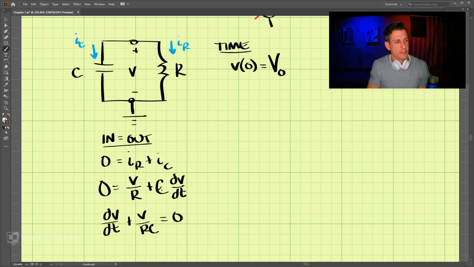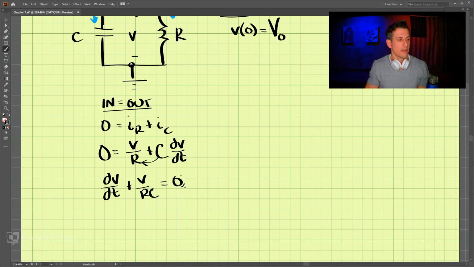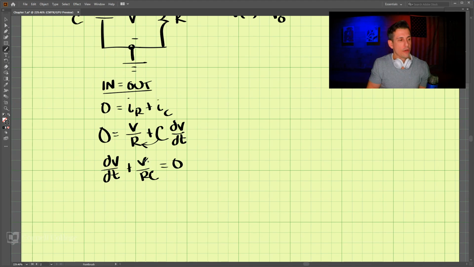So we just move this C down here. Okay, so now we have dV/dt on this side. Now we're going to put this on this side over here. So we have dV/dt equals negative V over RC.